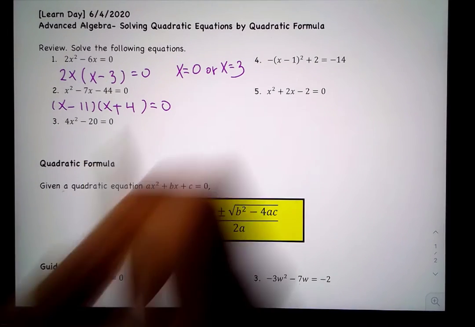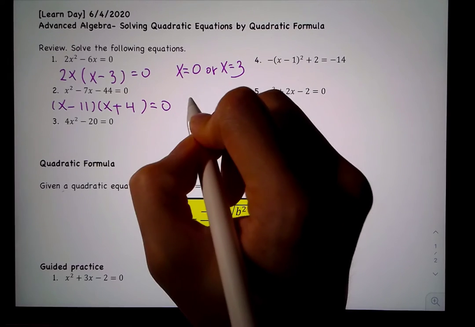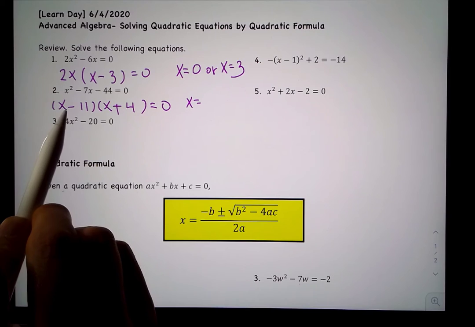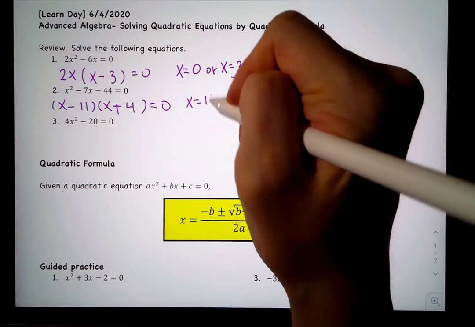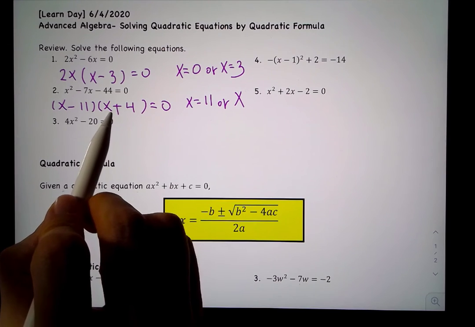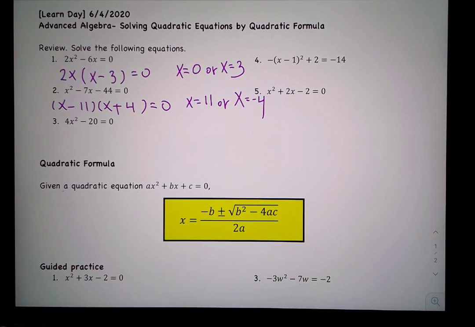So you can factor this trinomial like that, then you get your solution. x equals, take the opposite sign, that's minus 11, so positive 11, or x equals, take the opposite sign, that's plus 4, so negative 4, right?